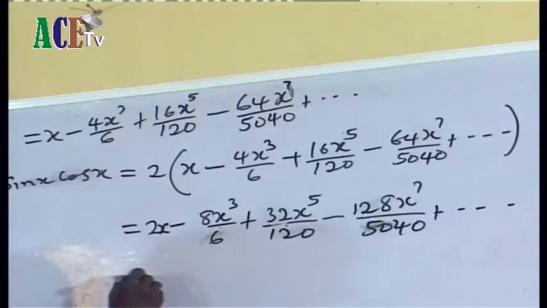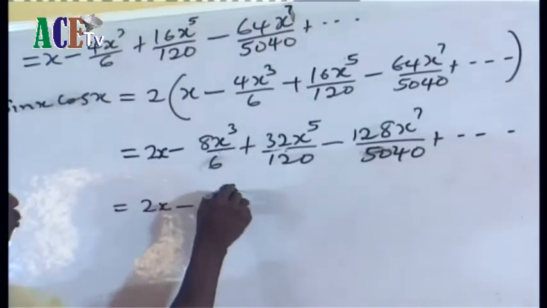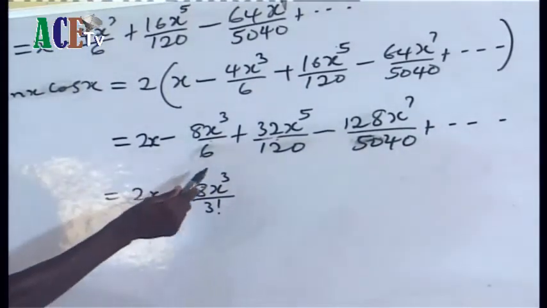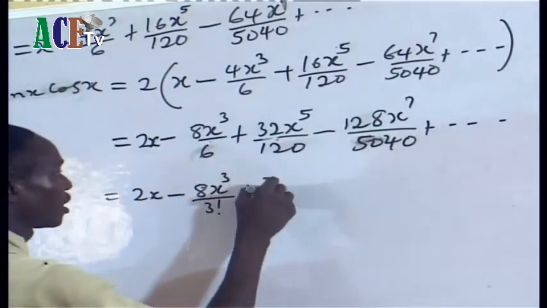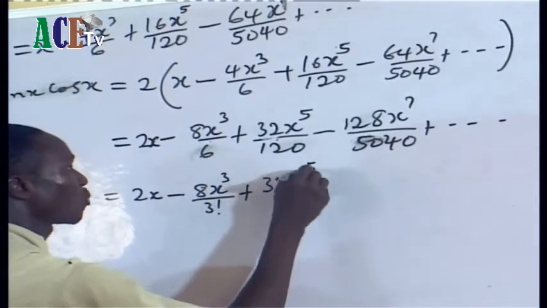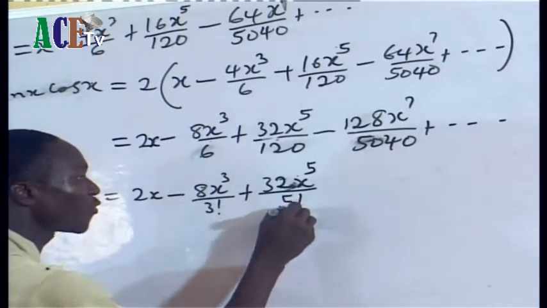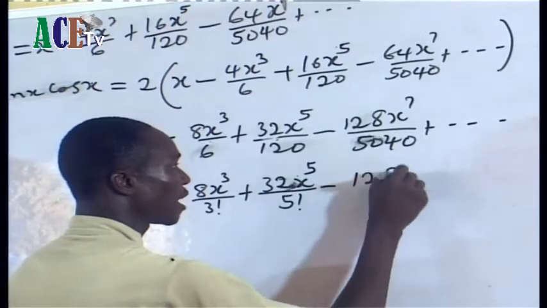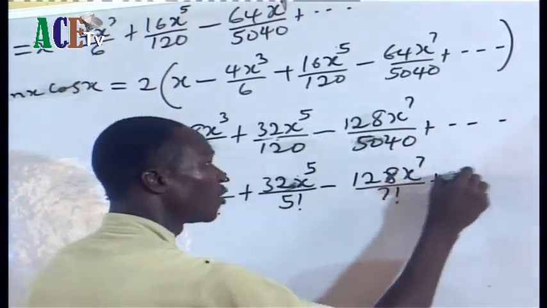Then this one is named as 2x minus 8x to the power 3 over 3 factorial. This thing is 3 factorial, 6, plus 32x raised to the power 5 over 120, which is the same thing as 5 factorial, minus 128x raised to the power 7 over, this one is the same thing as 7 factorial.